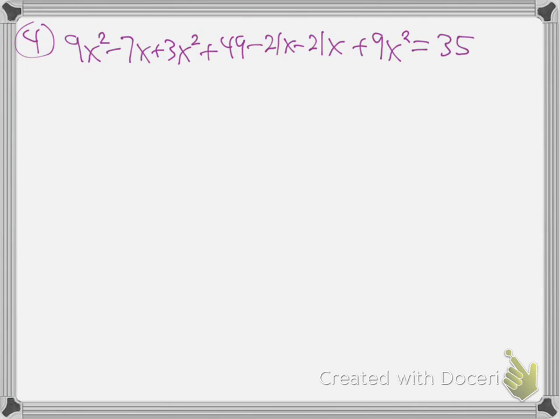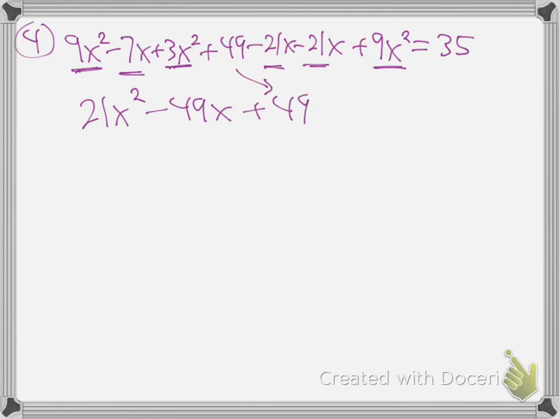Like that. And then 9x squared and 3x squared is 12, and 9 more is 21x squared. And then minus 7, and what's that? Minus 42 is minus 49x. Plus the 49 equals 35. Just kind of combine like terms there. Is that okay? No more fractions. That's nice, huh?